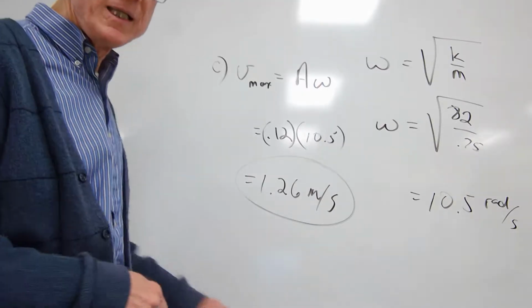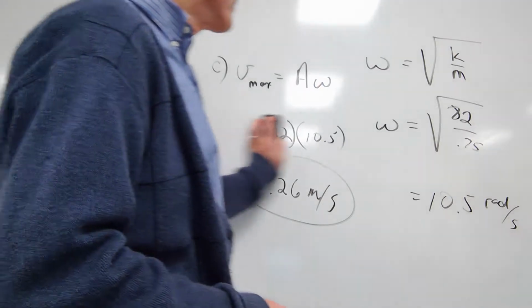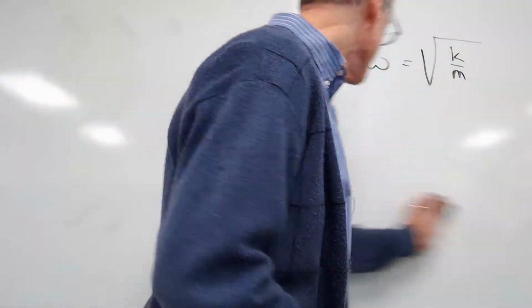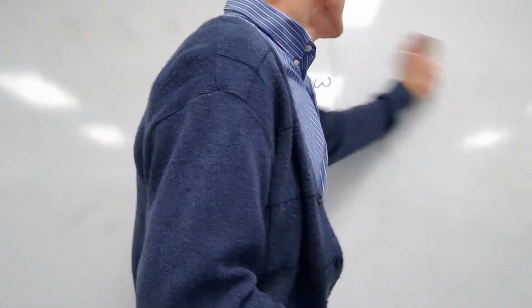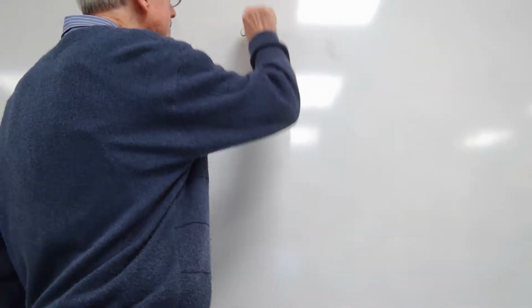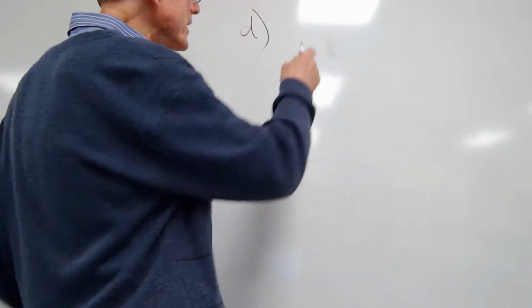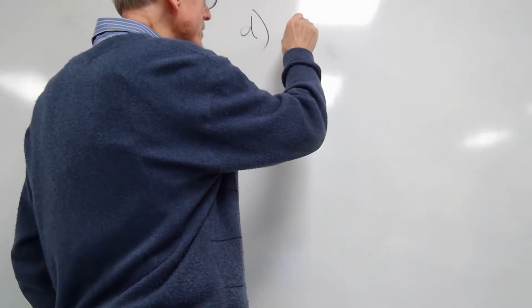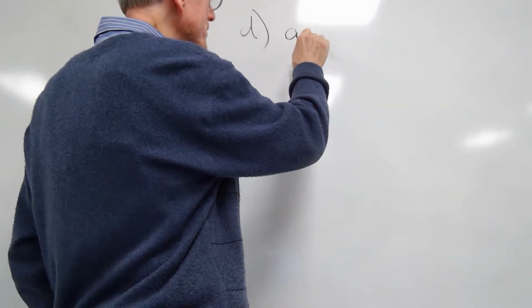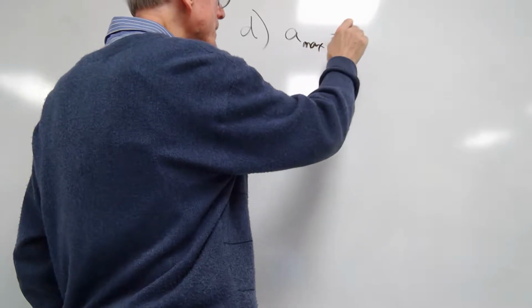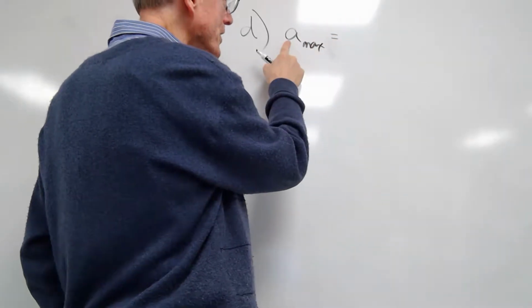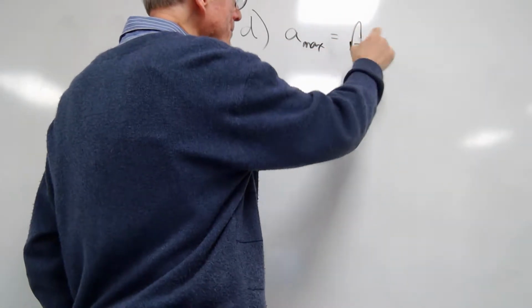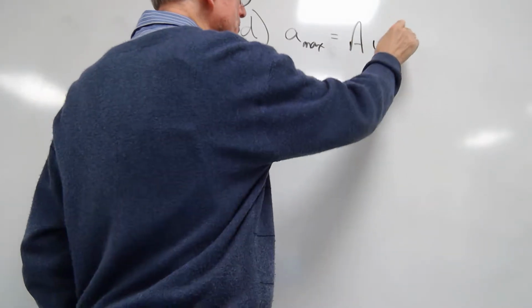That's part D. For maximum acceleration, you realize that's when it is at the maximum distance from the equilibrium position. There are always more than one way to work it, but here's an easy way. You have learned this equation, A max, this is acceleration, is equal to amplitude times omega squared.